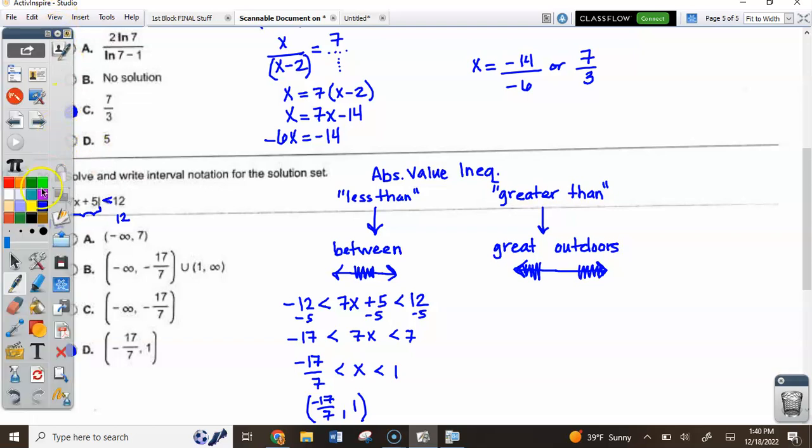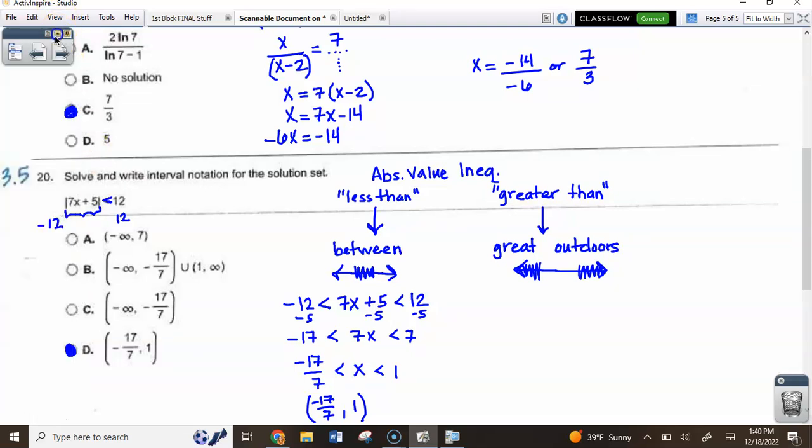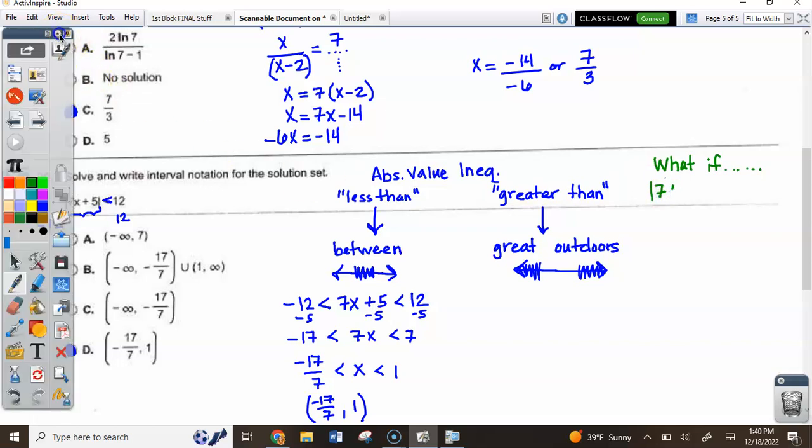I'm going to change to green and do a what if, because that doesn't help you with the great outdoors scenario since it ended up being a less than. So let's say, what if it had been, I don't like these numbers. Let's make it slightly nicer. Let's do 2x minus 4 greater than 6.